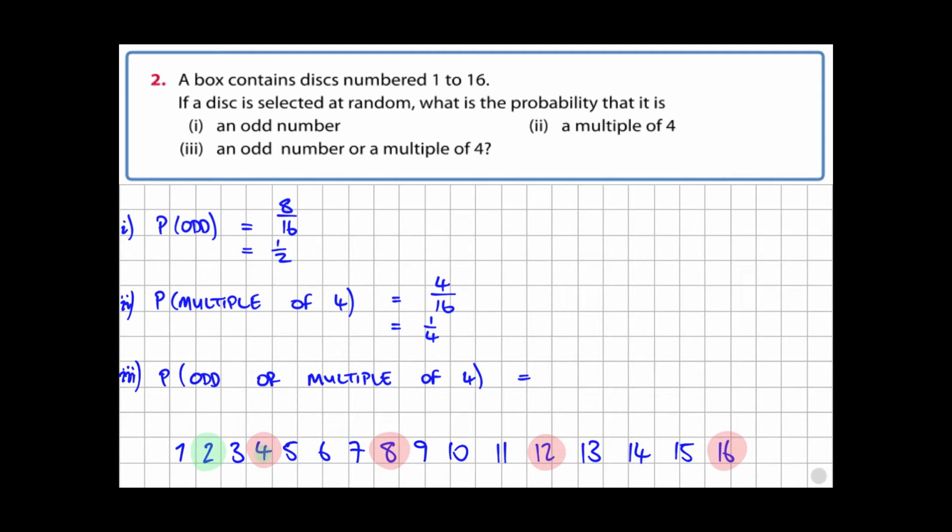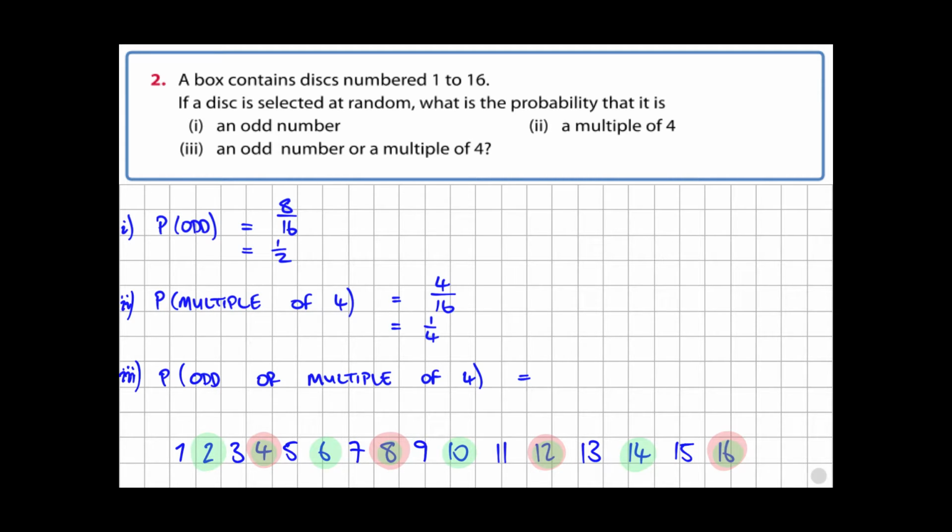So we have 2, 4, 6, 8, 10, 12, 14, and 16. So the probability of getting an odd number or a multiple of 4, so it's anyone that's highlighted will count. So I'll have 1, 2, 3, 4, 5, 6, 7, 8. So that's 8 out of a possible 16.